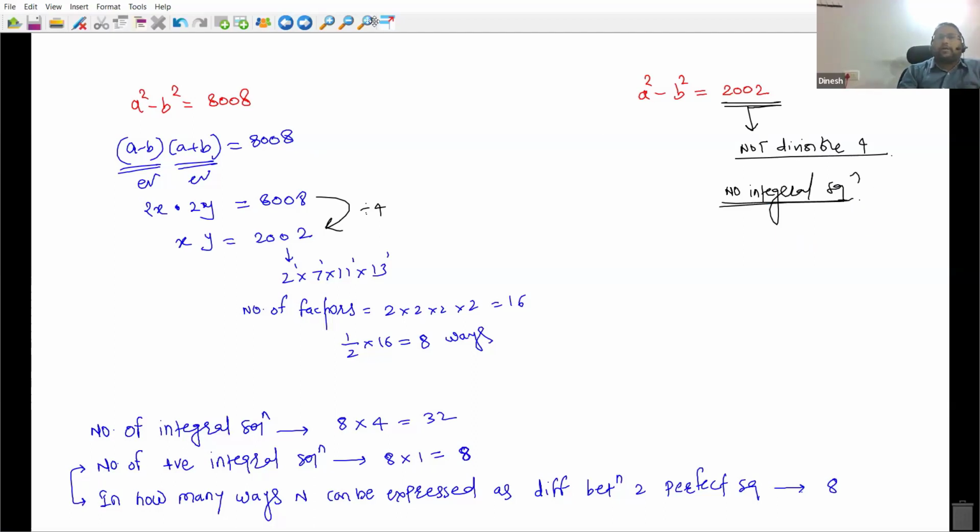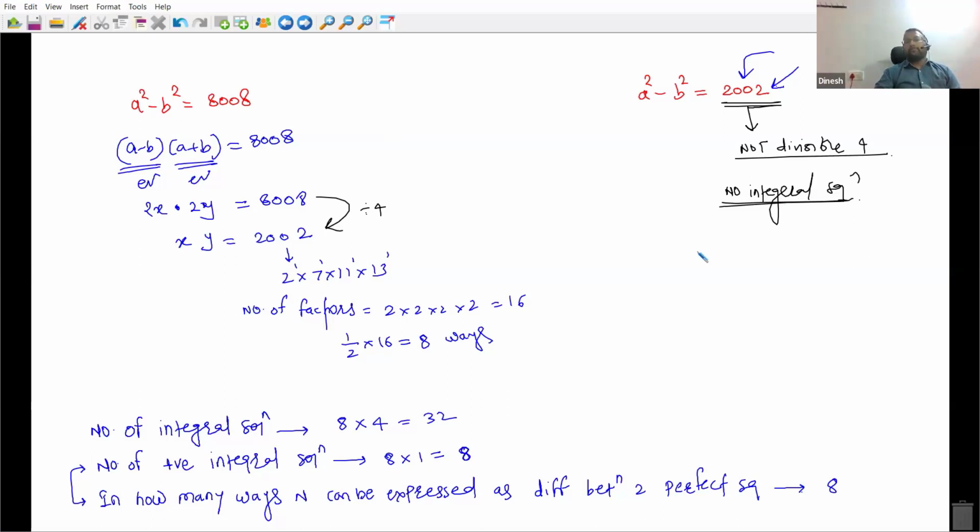There are no integral solutions. So if this number is even, this number has to be divisible by 4. If this number is even and it is not divisible by 4, then there are 0 solutions. If there is an odd number, then there are always going to be solutions.